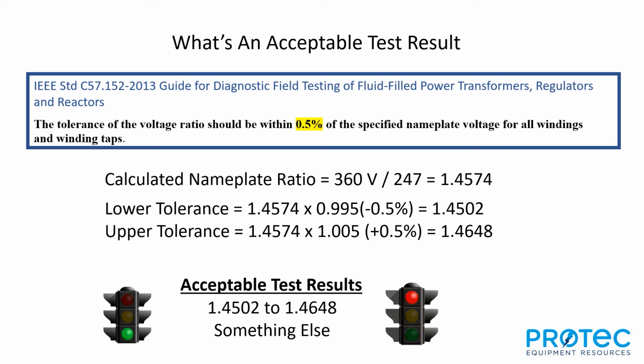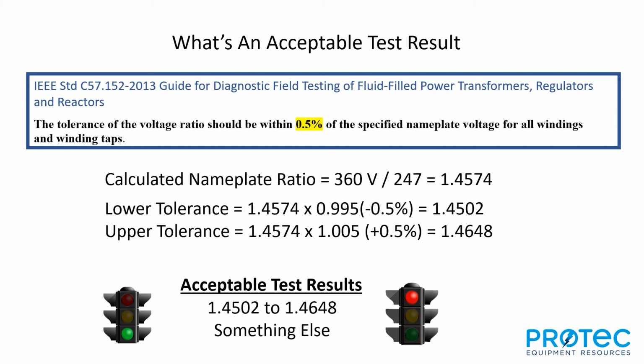So the lower tolerance is just going to be minus 0.5%, which makes it 1.4502. You see the calculations there. The upper tolerance is going to be 1.4574 times 1.005, or plus 0.5%, and that should equal 1.4648. So there's our tolerances.